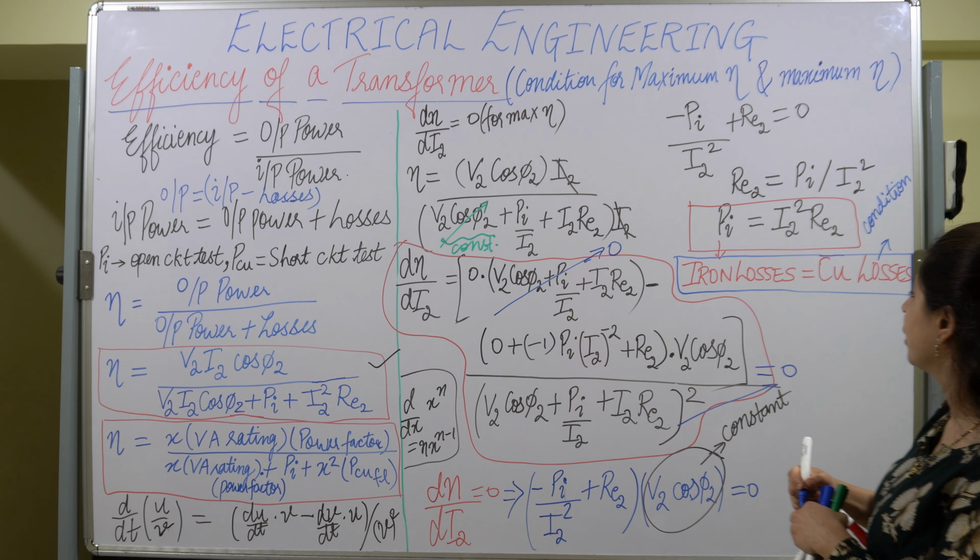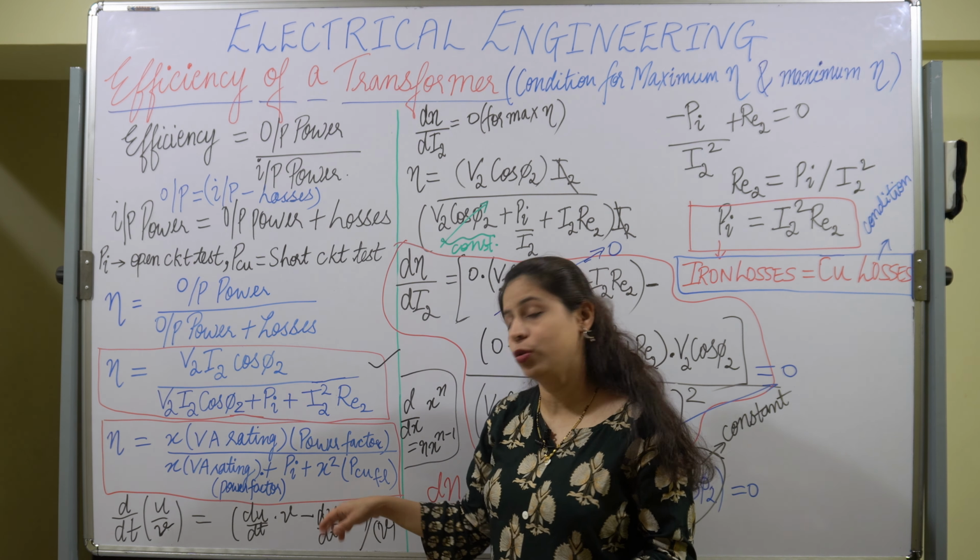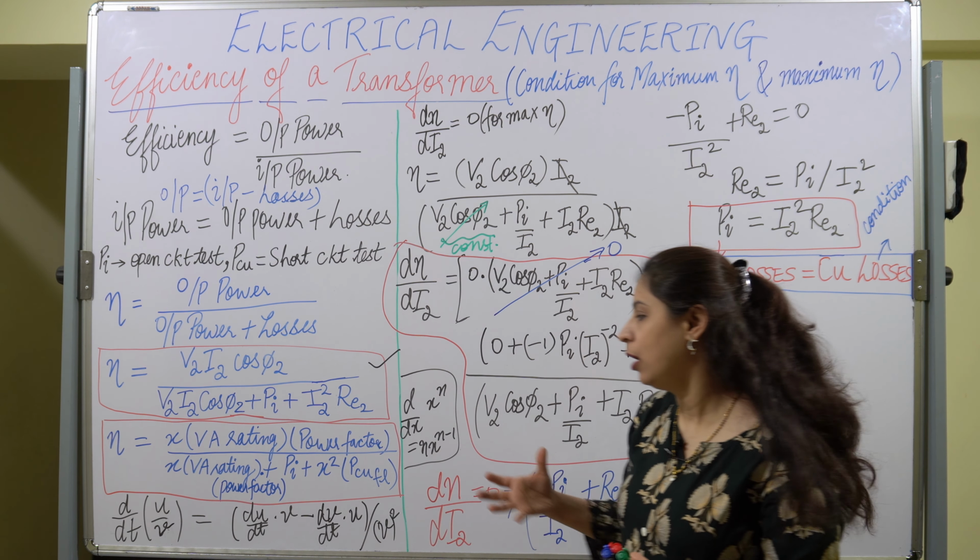Now we can put the iron losses to be equal to the copper losses and we can get our value.